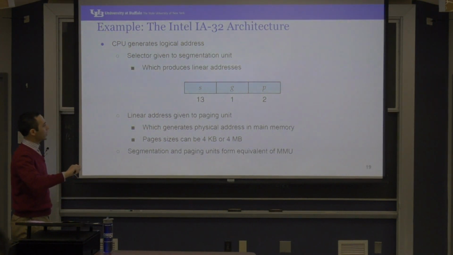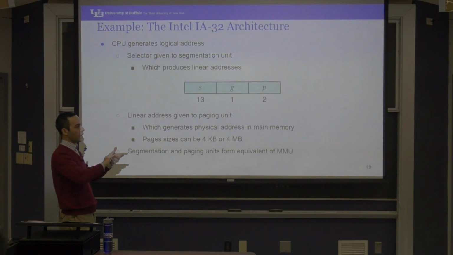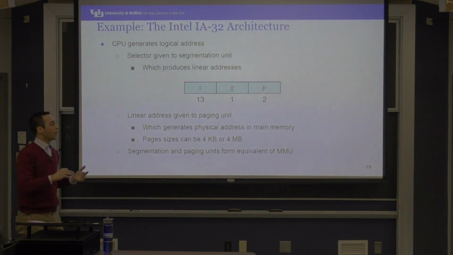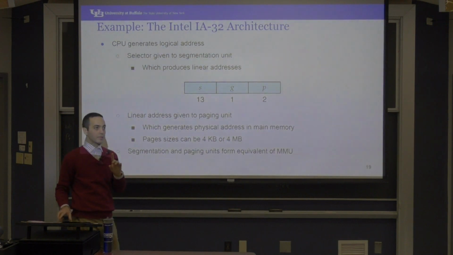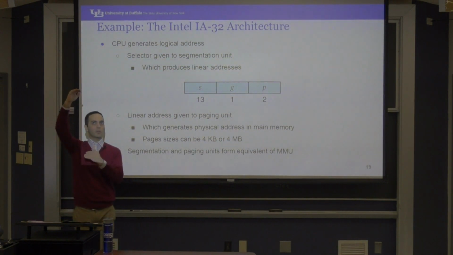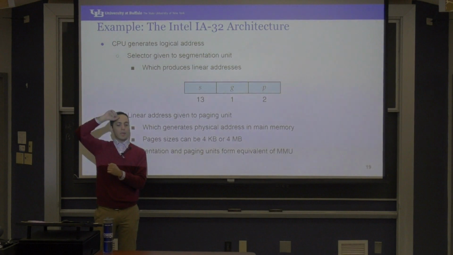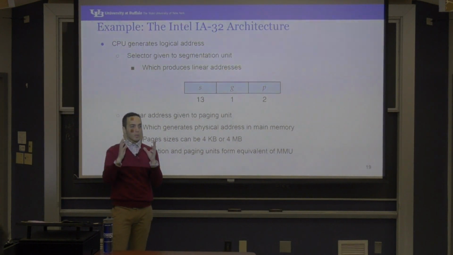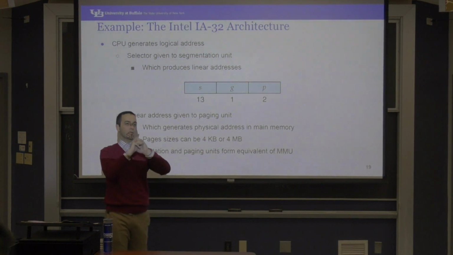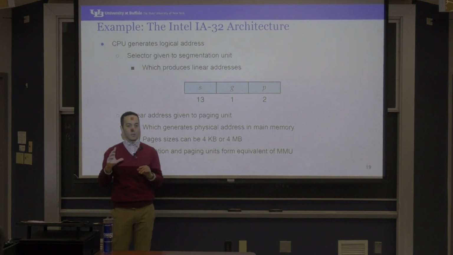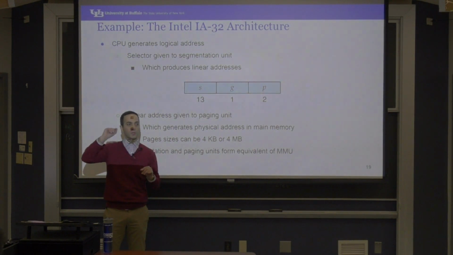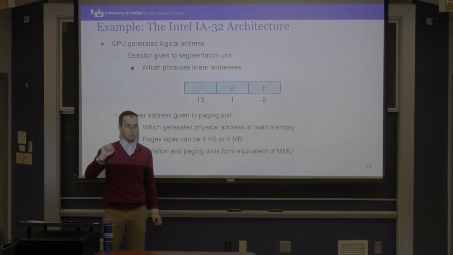This basically goes into the segmentation unit, and that will tell you a linear address. A linear address is still logical. So even within one process, you have the 2 to the power of 32-bit address space. You remember, one process wants to use a stack, code, and data, so the user process does not want to address each entry absolutely.